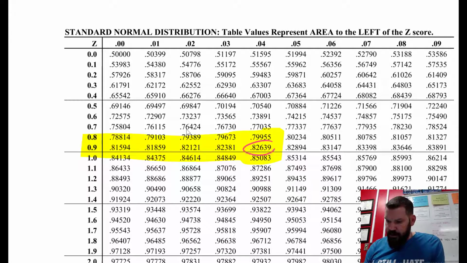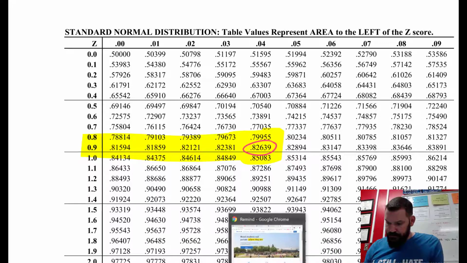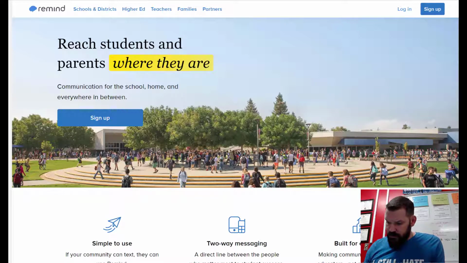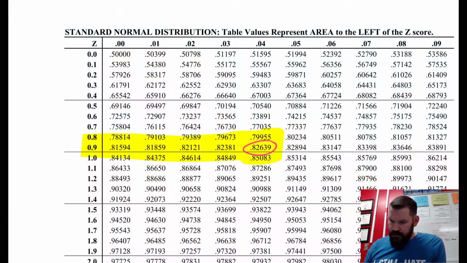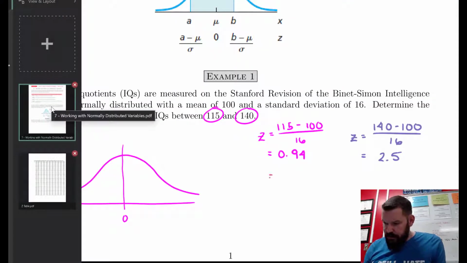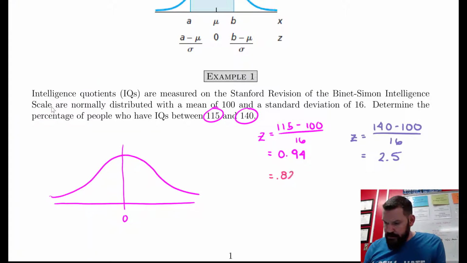So that value is 0.82639. So that means that 82.6% of the data lies to the left of that z-score.